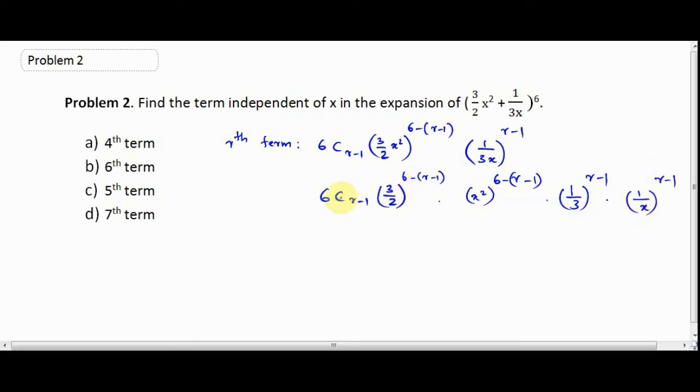Now let's combine constant terms and x terms. This can be written as 6C(r minus 1) (3 by 2) whole raised to (6 minus (r minus 1)) into (1 by 3) raised to (r minus 1). So this is the constant term.